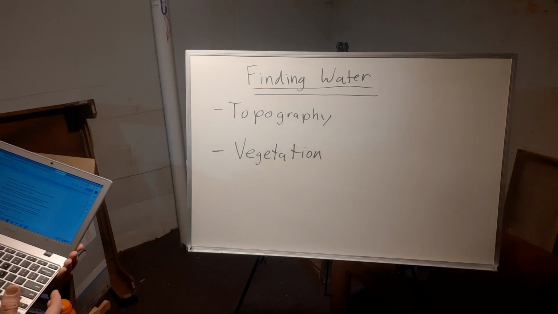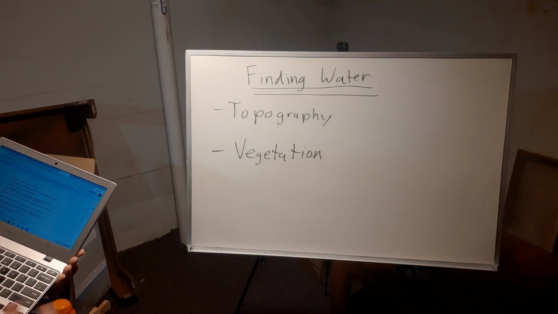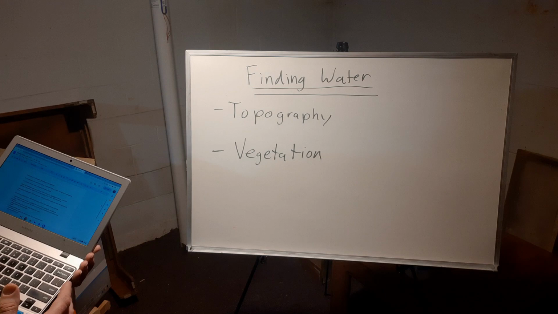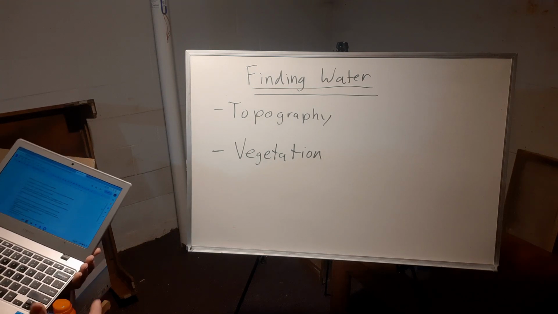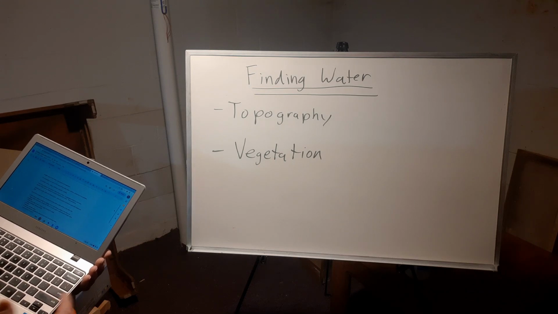And trees that are deciduous like hardwoods, you know, oaks, hickories, maples, trees like that are usually going to prefer more well-drained soils. Doesn't mean that there won't be moisture where they grow.